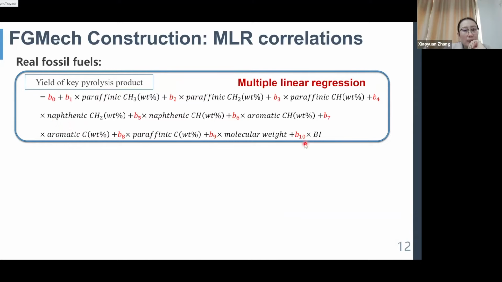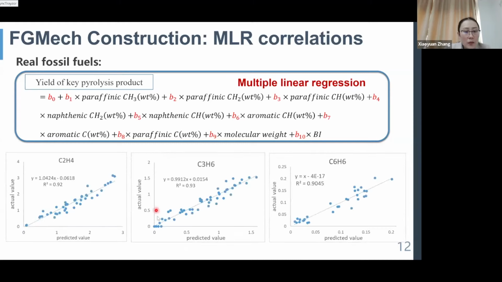This means that once we have B0 to B10, for a given fuel mixture whose functional groups we know, we can use B0 to B10 to calculate the yield of key pyrolysis products, and then calculate the stoichiometric parameters. This figure presents the actual yield of key pyrolysis products and the predicted values based on the equation. As we can see, good agreement can be achieved.